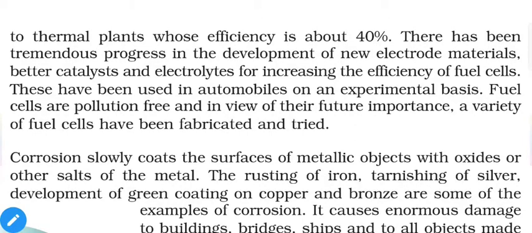That means during the use of the battery it won't produce any pollutant, but after the batteries become dead, we are talking about secondary cells, rechargeable batteries, we cannot recycle them. They produce comparatively high levels of pollution.